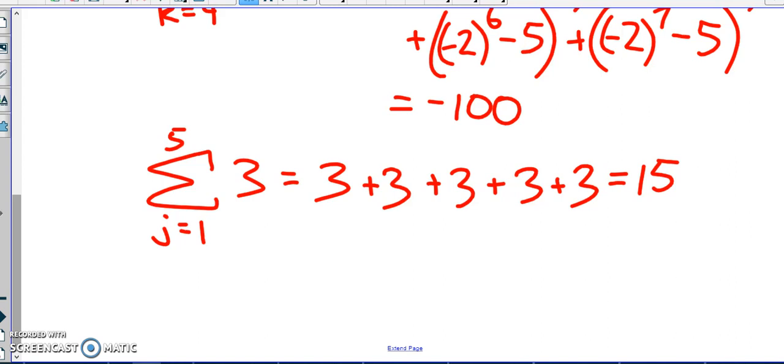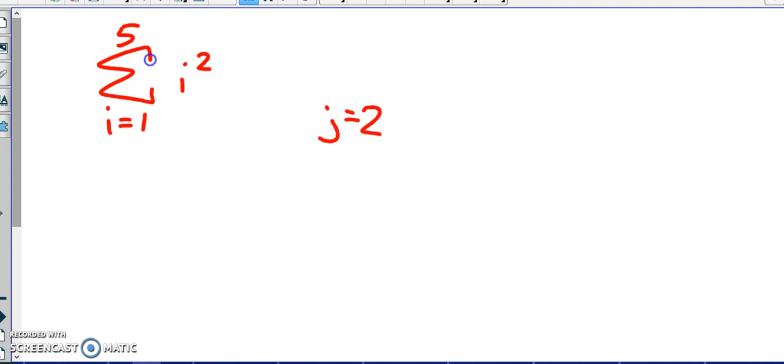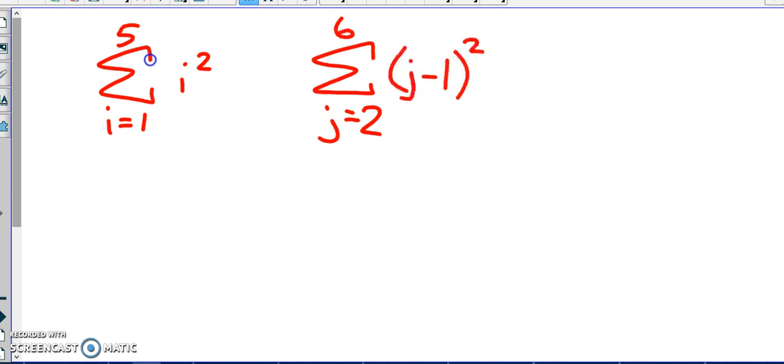Now, there are different ways that you can write these things. For instance, if I wanted to write the sum from i equals 1 to 5 of i squared, I could also write that as the sum from j equals 2 to 6 of j minus 1 squared.